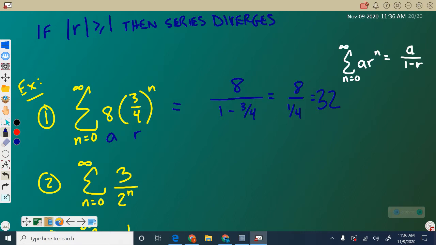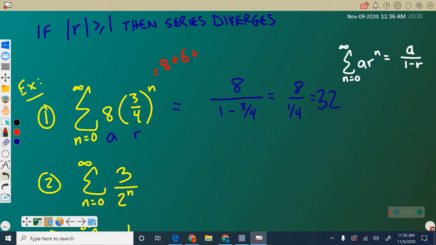And I mean, you could go and actually try to map it out just to see. If you plug in 0, you would have just 8. If you plug in 1, you would have 6. If you plug in 2, for example, now you have 9 over... Did I do that right? Not sure I did that right. Let's try that again real quick.